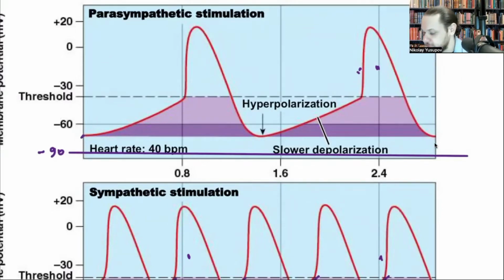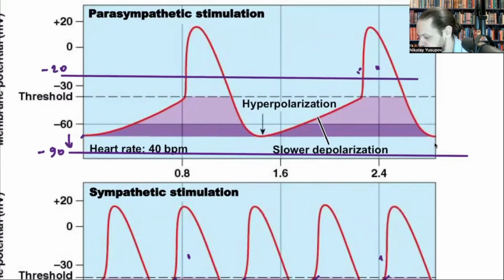So one drug you could give is to lower this resting potential. Another drug I can give you is to elevate the threshold. So instead of -30, I could make it maybe -20. Another drug I can give you is one that increases this slope to go like that.